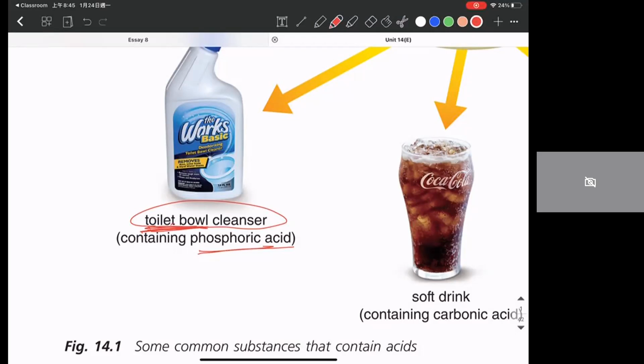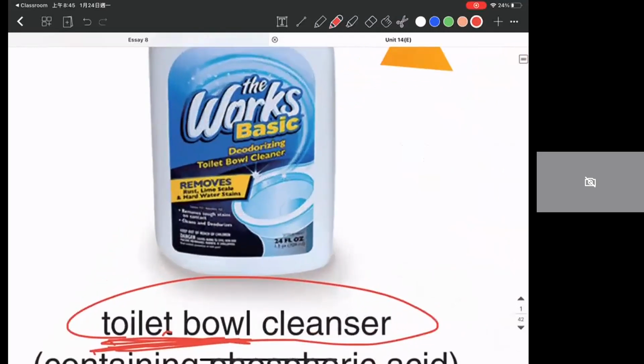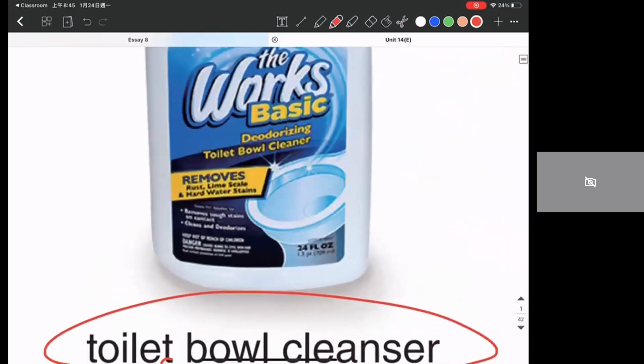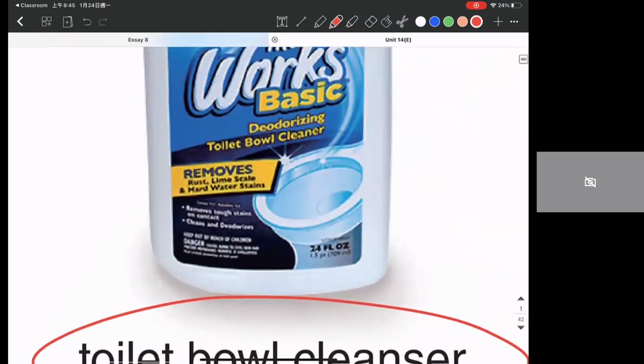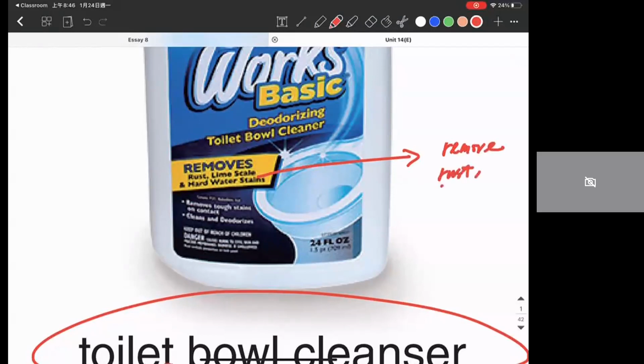So do you see some terms here? What is that? What do you see? Can you see here? Remove swab. Remove rust, yes, rust, lime scale, and hard water stain.